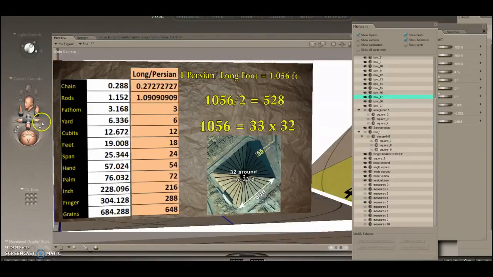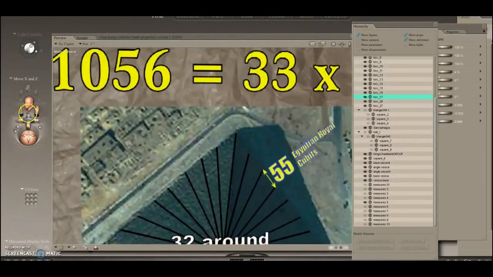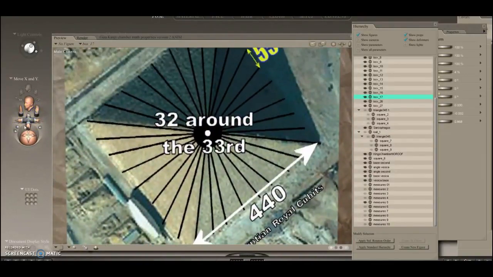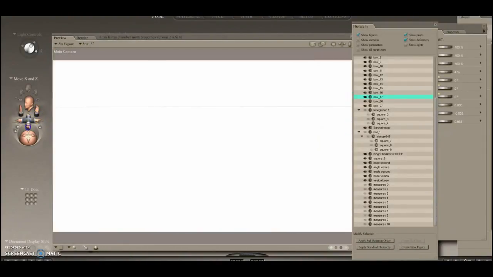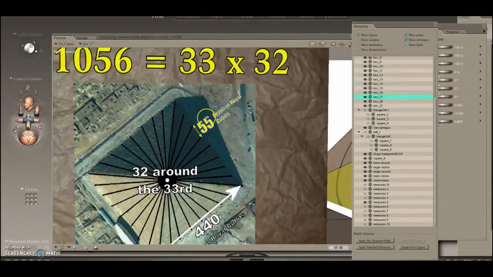Now, what's also interesting is that at 440 cubits, by definition, because the actual length of each face of a pyramid changes slightly, that needs to be taken into account. But for instance, if you keep breaking it down, divide it by 2, the smallest division you'll get is 55 Royal Egyptian cubits.